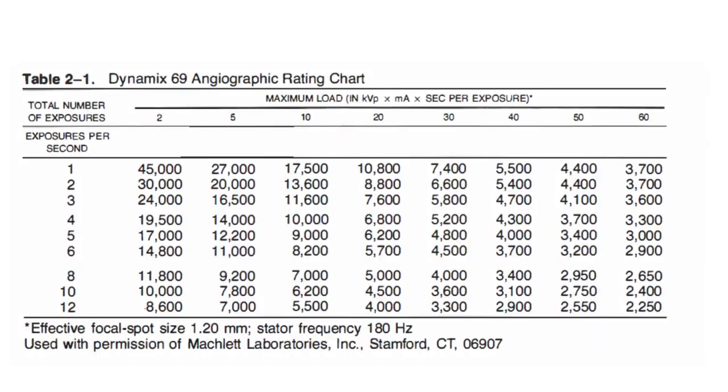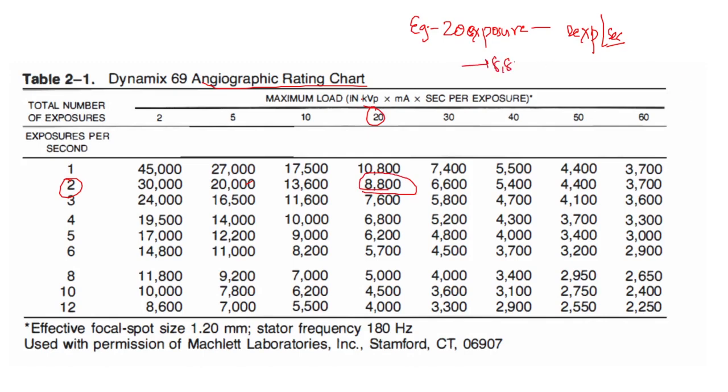Then we have one more chart, which is called the angiographic rating chart. Angiographic rating charts are also available. Here, for example, if we assume 20 exposures are done at around 2 exposures per second, which generates almost 8,800 joules per exposure.